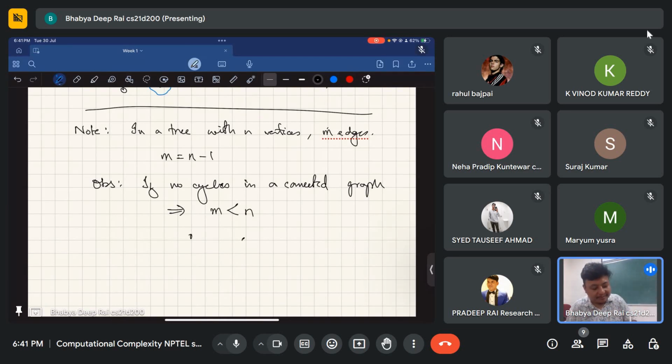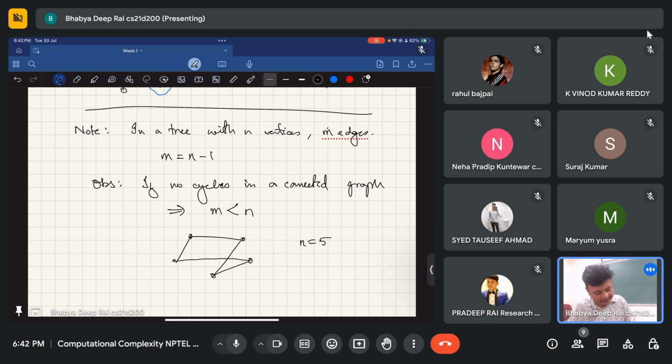I'll give you an example. For example, this is a set of vertices. There are 5 vertices here. I want to avoid cycles. I start distributing the edges. Let's say I put an edge here, then here, then here, then here, and then I put an edge here.